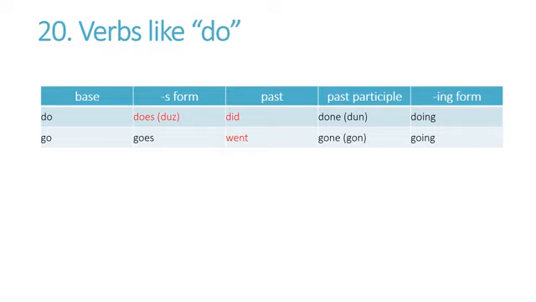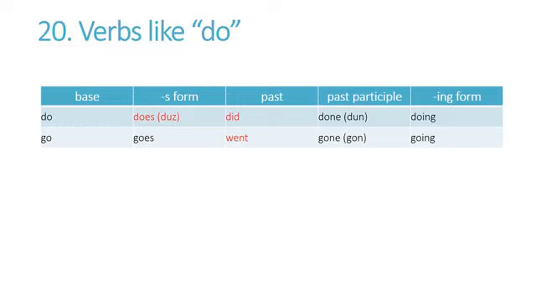For example, do and go both end in an O, but one is pronounced do, the other was pronounced with an O sound, go. For the S form, they both have OES as their ending, but do is pronounced does. Go is pronounced goes in the S form. Then, of course, the past forms of these two verbs are completely different, did and went.